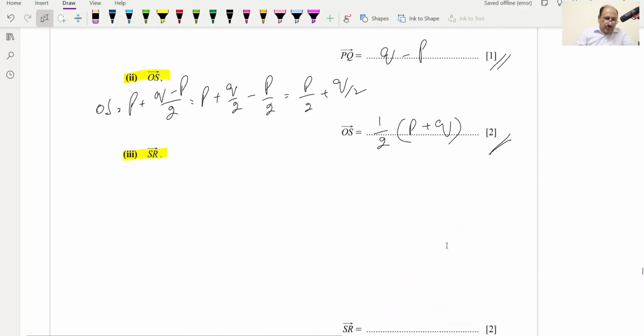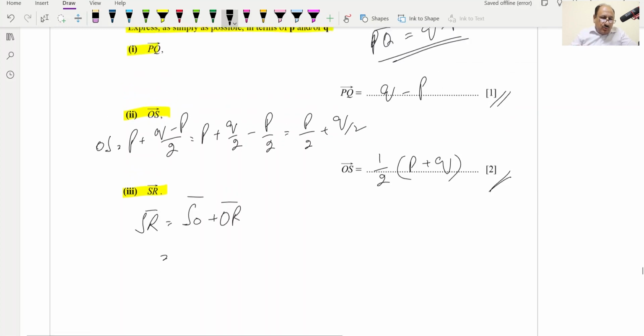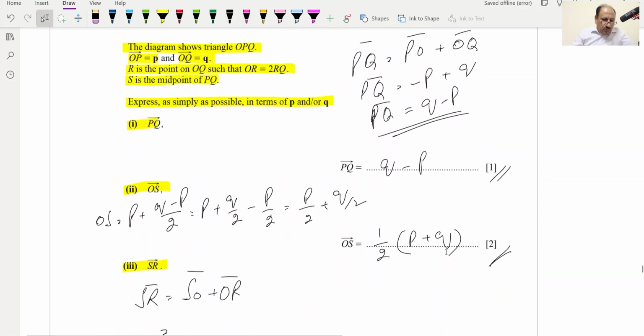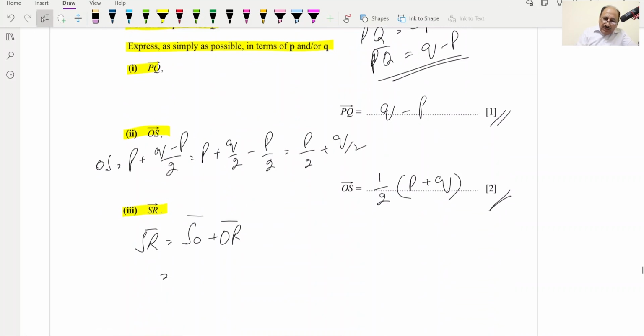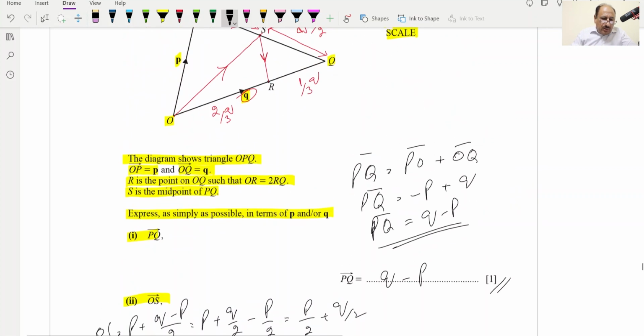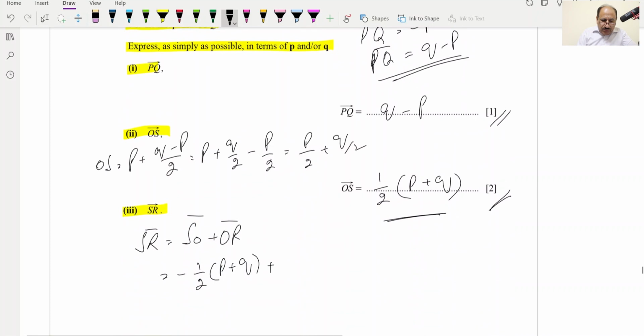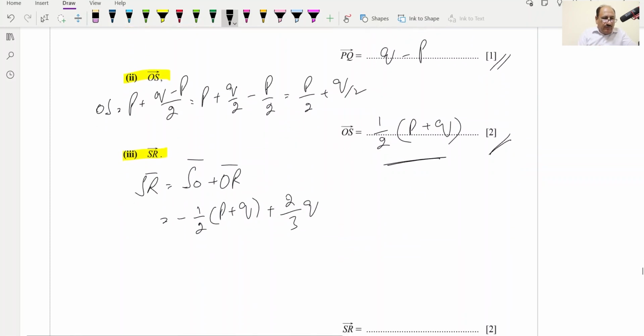SO is the same as minus OS. So we write minus 1 by 2 of P plus Q, which we just found in the previous part, and plus OR is 2 by 3 Q. So plus 2 over 3 Q, and further we just simplify and we'll get the answer.